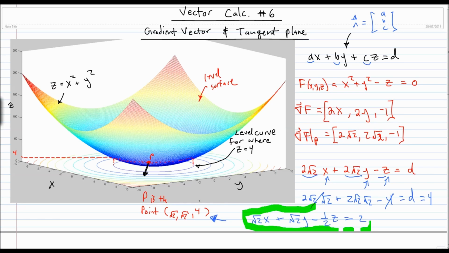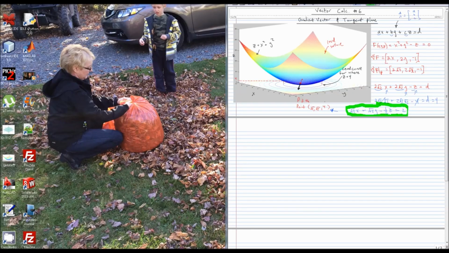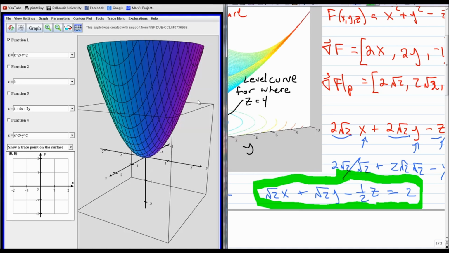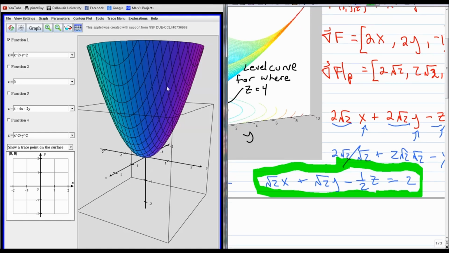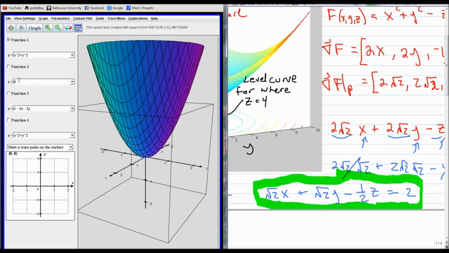This equation here is going to be the equation of a tangent plane that's tangent to this surface at the point P. So to show you, okay, here I am in this little graphing applet that I got off the internet, and I already input the equation of our paraboloid here, z equals x squared plus y squared, so I plotted that.